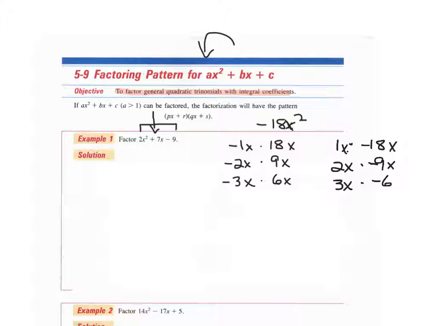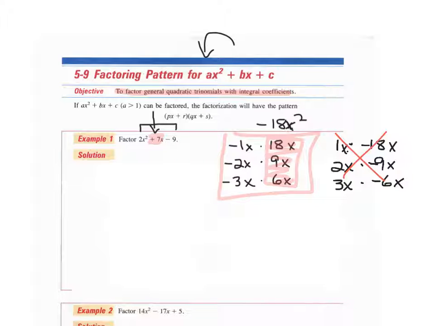+3x times -6x. Now remember, if you remember my trick, the sign of the middle number is the sign that goes on the larger factor. So these are going to be the ones that I consider, because these have the larger number being positive. So this would eliminate me having to check these.